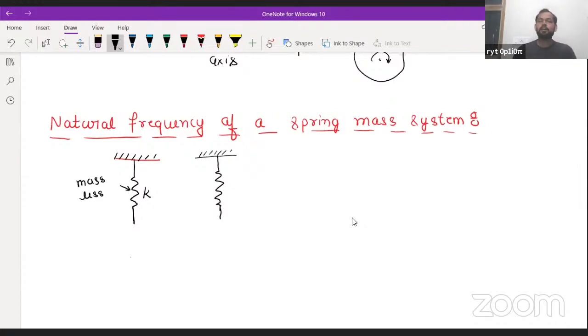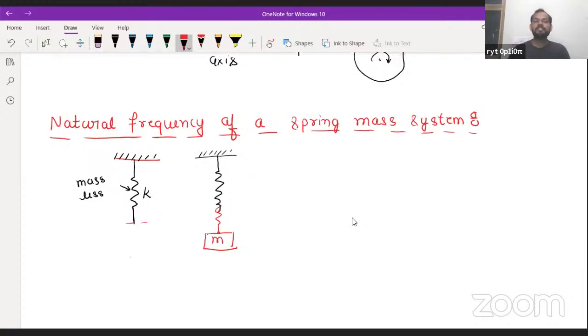Fine. So in order to make this system vibrate, we will hang one mass. When you hang one mass, this mass will try to stretch the spring, so you will see some deflection inside the spring. Your spring will be stretched like this, and this is the initial position, and this is the final position, corresponding to the weight of this mass.